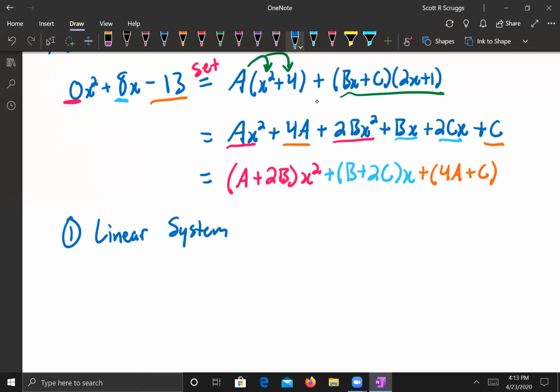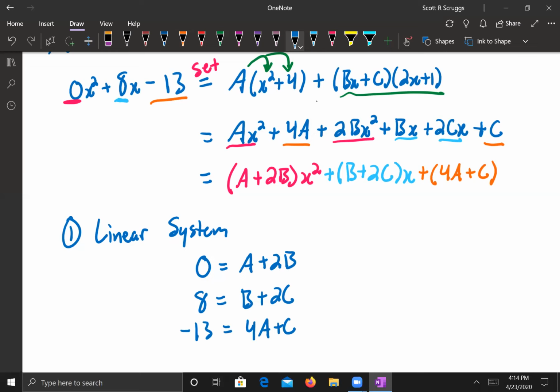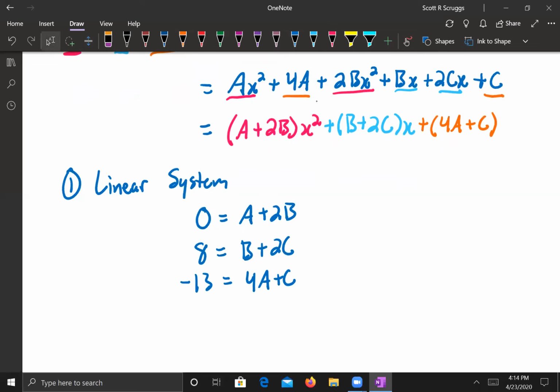My linear system will be 0 equals a plus 2b. It equals b plus 2c. Negative 13 equals 4a plus c. And essentially now I have a linear system of 3 equations and 3 unknowns.